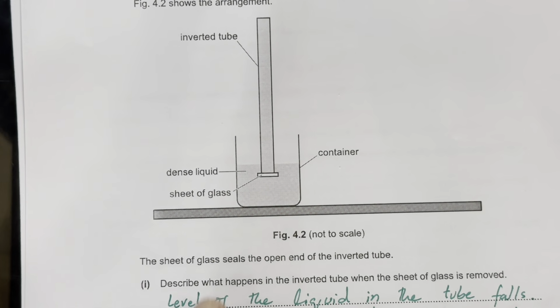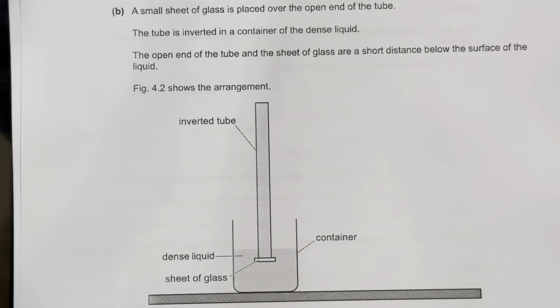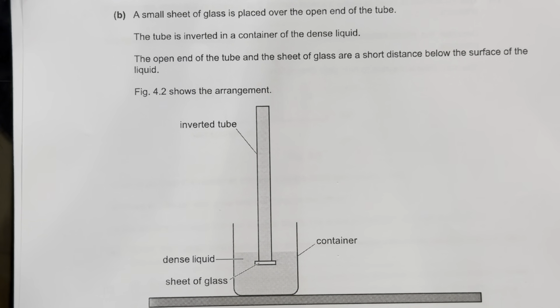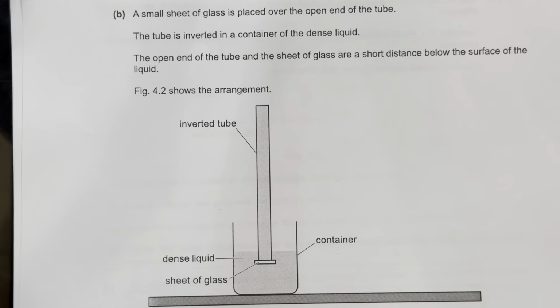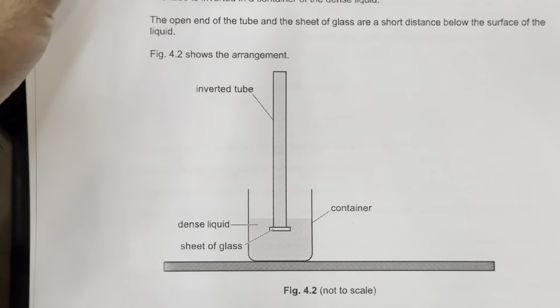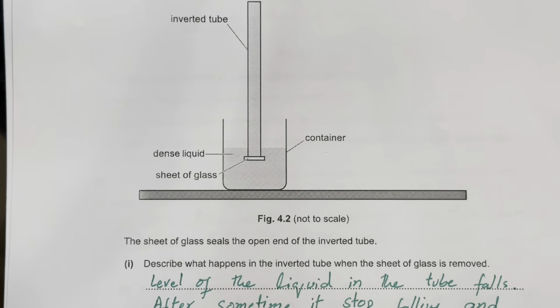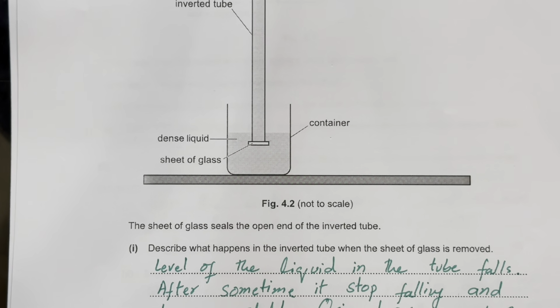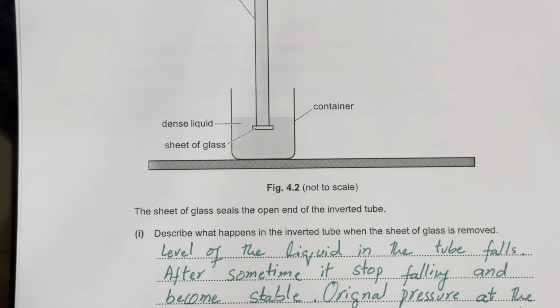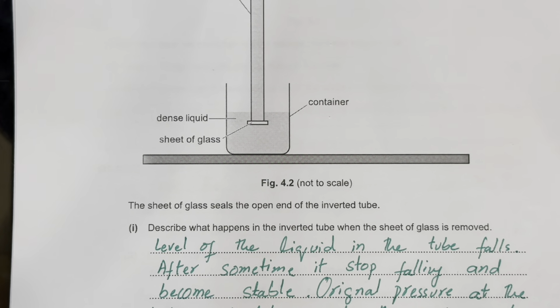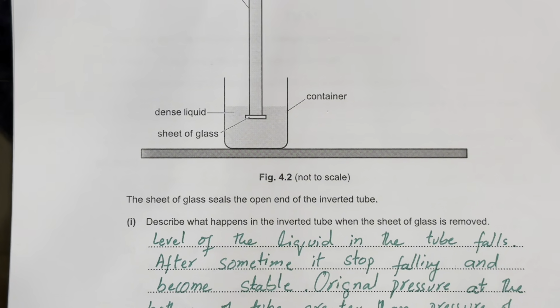I'm going to show this is the glass. The tube is inverted, it means upside down. The open end of the tube and the sheet of glass are at a short distance below the surface of the liquid. Figure 4.2 shows the arrangement: inverted tube, dense liquid, sheet of glass, and the container. The sheet of glass seals the open end of the inverted tube. Describe what happens in the inverted tube when the glass is removed.